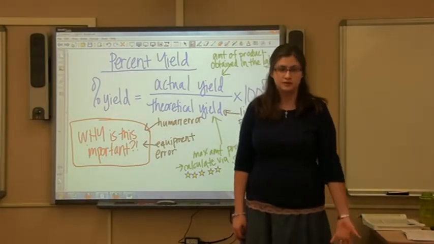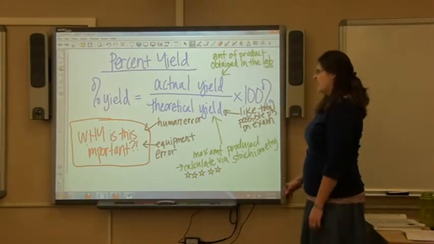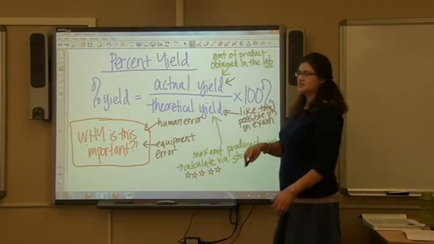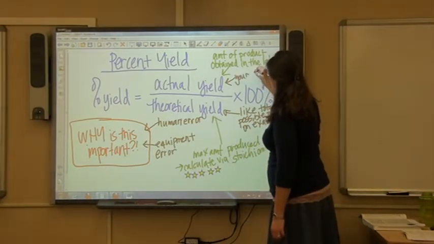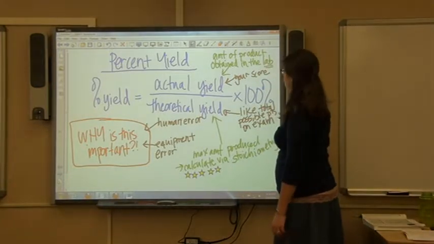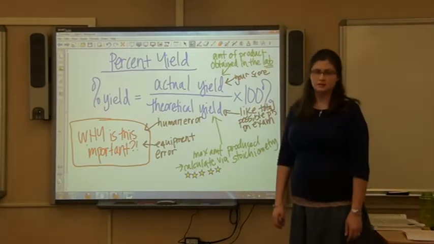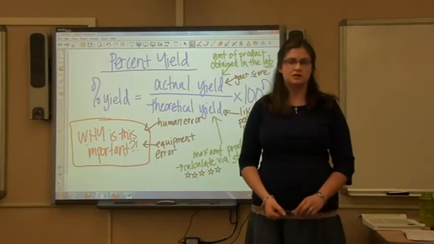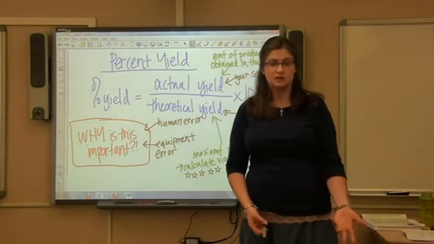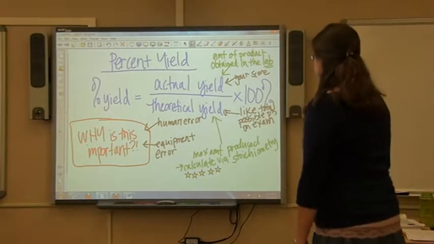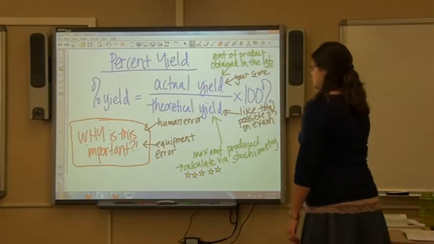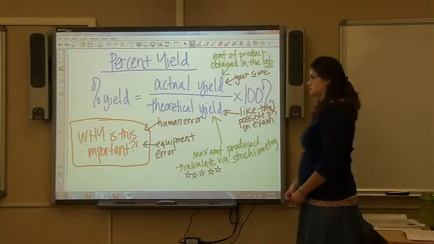You could get 100 points. The actual yield is what you're going to actually be graded on. This would be your score. So your percent yield is like your percent ability of reproducing evidence that you've learned the concepts that we've been talking about.